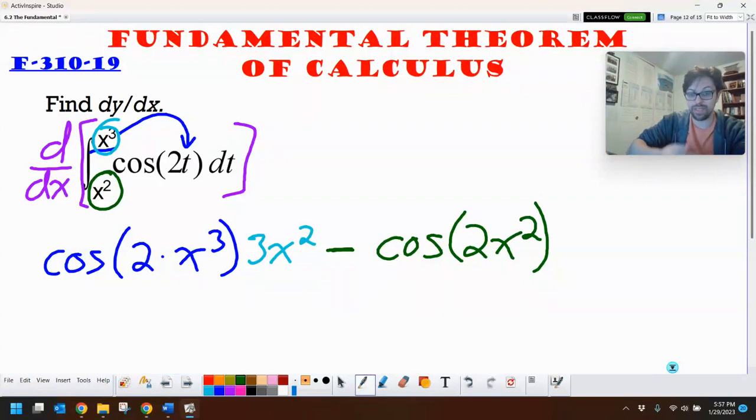I've really done nothing, so I can just leave it as that cosine. Then I've got to chain rule and figure out what the derivative of that x squared is. That is going to be 2x. So this is the derivative of that antiderivative, applying the first and second fundamental theorem of calculus.